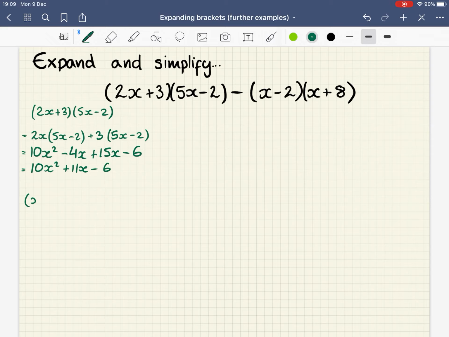And then doing the same thing for my other bracket. So breaking apart that first bracket. x times x gives me x squared plus 8x minus 2x minus 16.